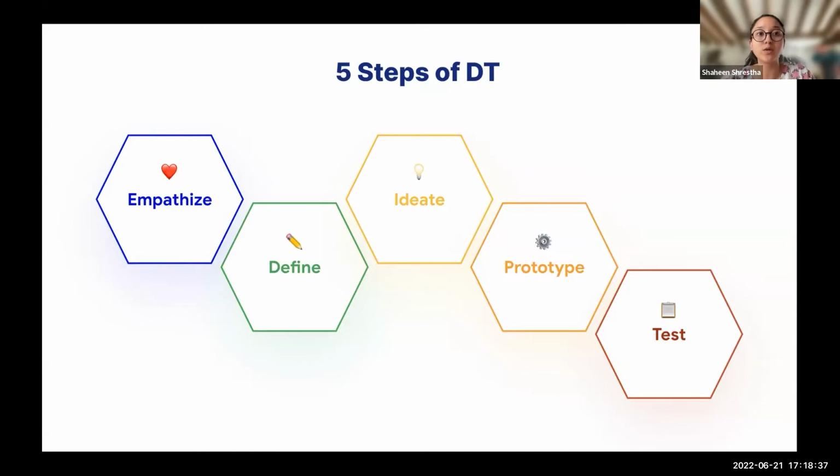After we understand the problem, then we define it, and by defining we have a clear picture, a problem statement: okay, it's a problem, now let's try and solve this one. We move ahead. Now in ideate we come up with several limitless solutions.